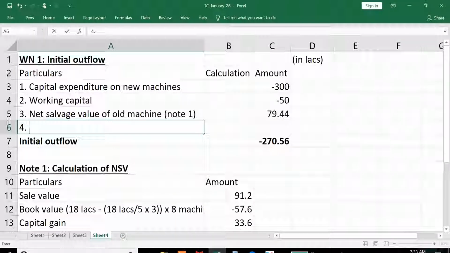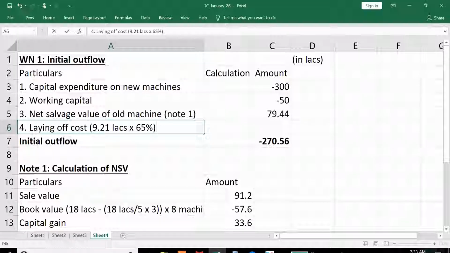Laying off cost. The amount is 9.21 lakhs and I assume that I immediately get the tax benefit. You can take an alternate assumption saying that you get the tax benefit at the end of the year. But this 9.21 is a year 0 outflow. Whether you want to consider it as year 1 tax saving or immediate tax saving, that's up to you. But this is an initial outflow because when I start the project, I have to tell these employees to quit the company. 9.21 lakhs into 65%.